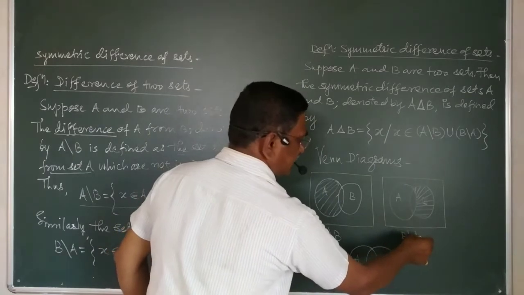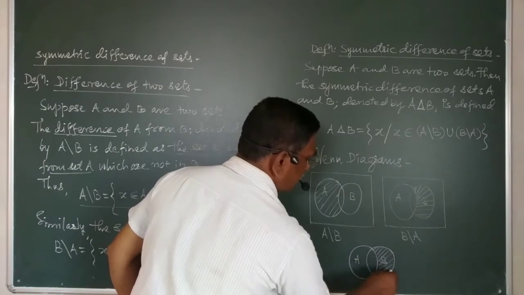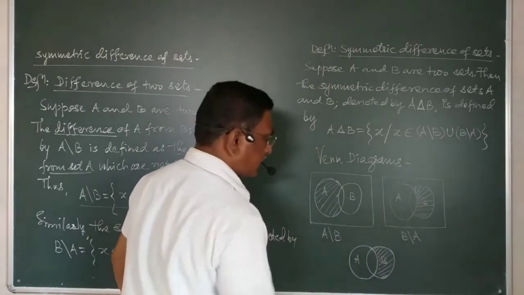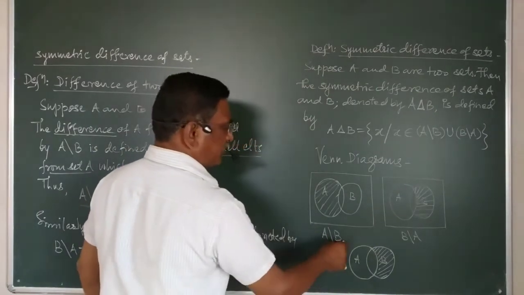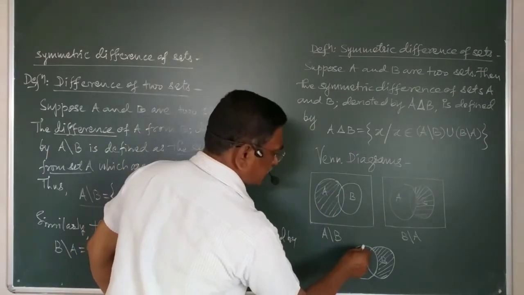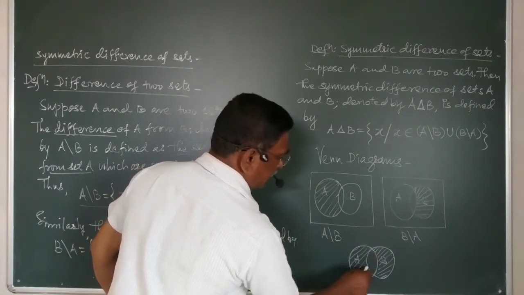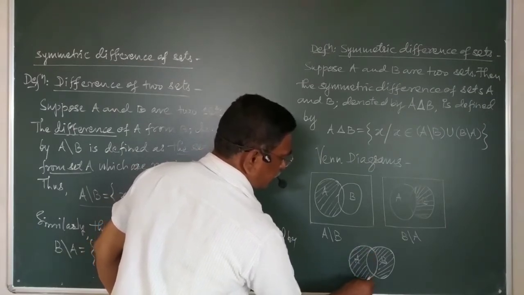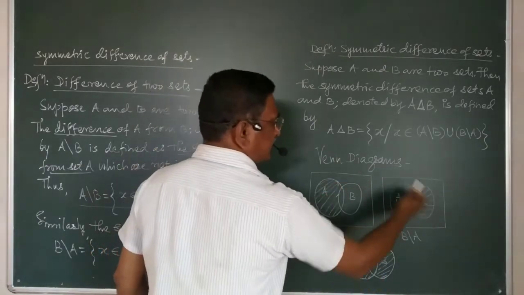For B slash A, these are the elements, as we have shown in this figure. And again we need to consider A slash B, so this is the part. Hence, this is the union: take this as well as this.